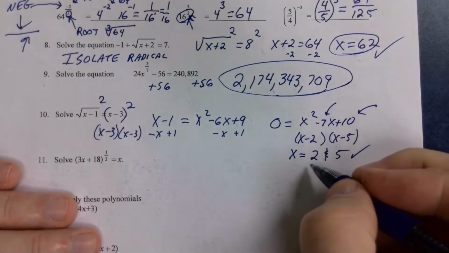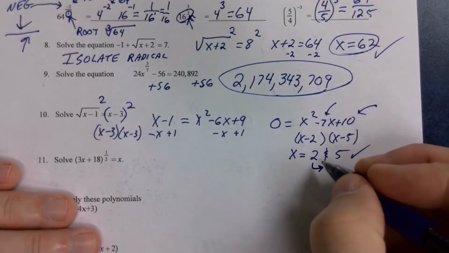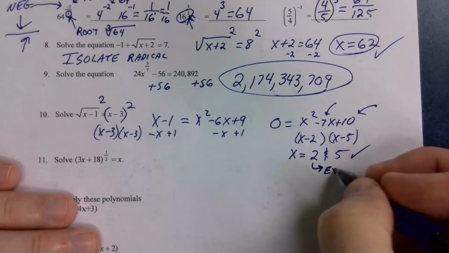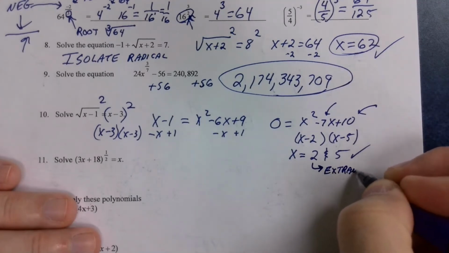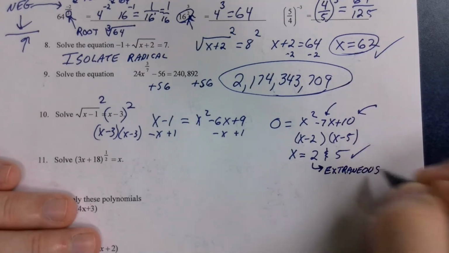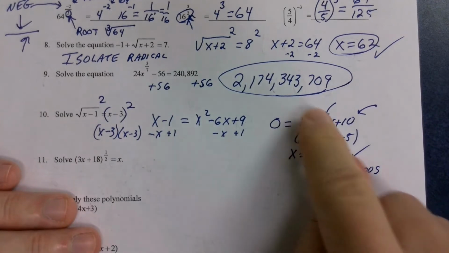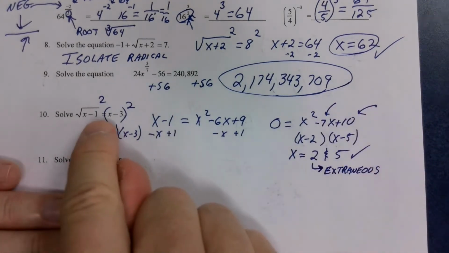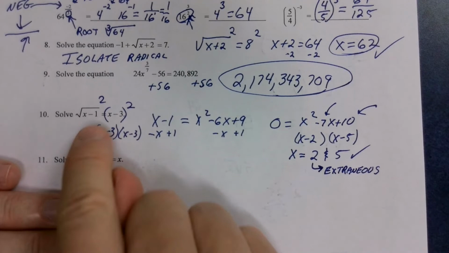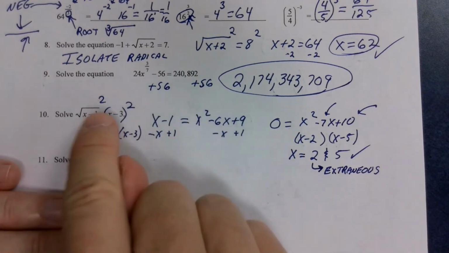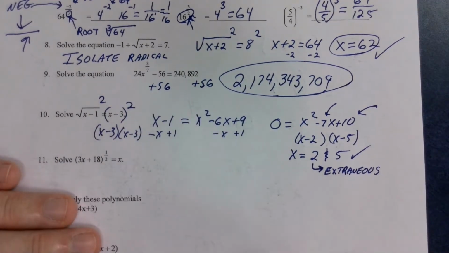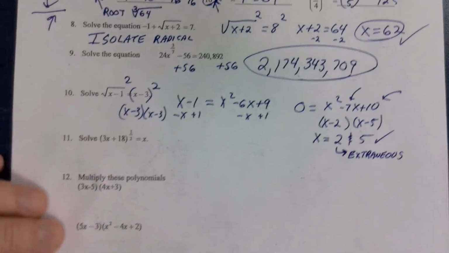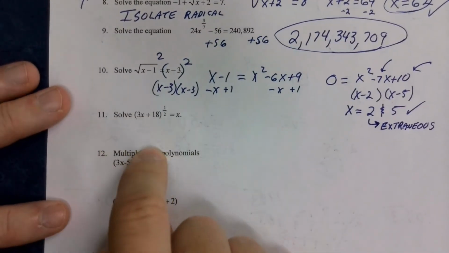So that means that this solution, 2, is extraneous. And we have to be able to differentiate between the two of those. An extraneous solution, again, is a solution that works for what we solved, but doesn't work in the original problem. Because sometimes we have to do some processes to help solve this, where we get extra answers that don't necessarily work.